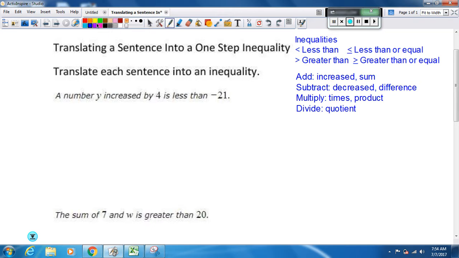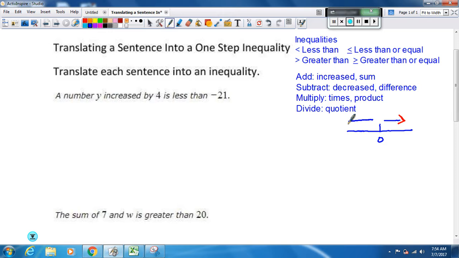Also, if you have problems remembering which is which on those, just think of a number line. If I could draw one. All the numbers to the right of 0 go in this direction. All the numbers greater than 0 are to the right.